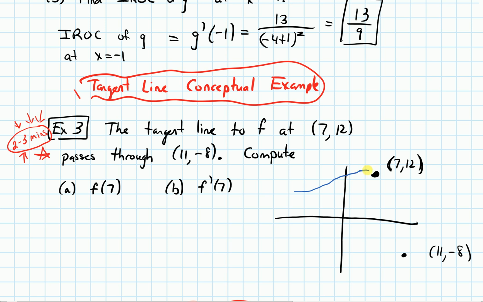And not only does it need to go through that point, it'll have to be angled in such a way that when I draw my tangent line, the tangent line is going to pass through (11, -8). Okay, so I've just drawn a little bit of the graph like this. But let's see what we can do based off of this tiny part of the graph I've drawn.